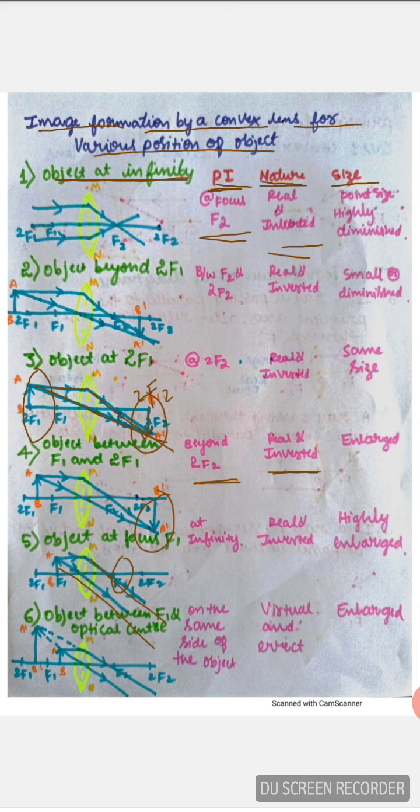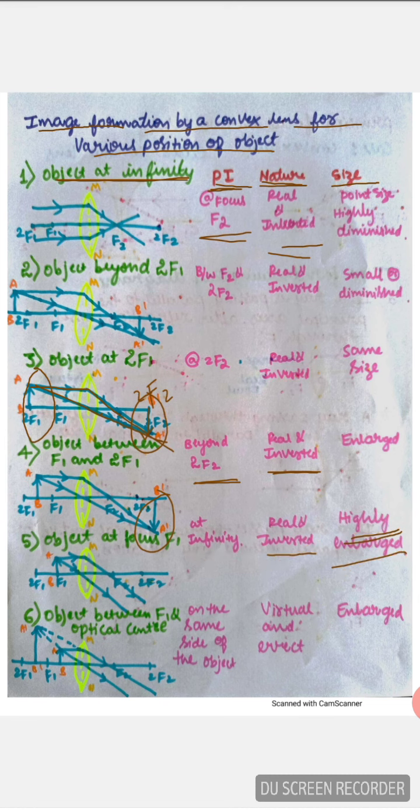That means the image will be formed at infinity. Whatever image is formed will be real and inverted, and since it is formed at infinity, the size of the image is considered as highly enlarged. So when you place the object at focus f1, the image will be formed at infinity, real and inverted, and highly enlarged.